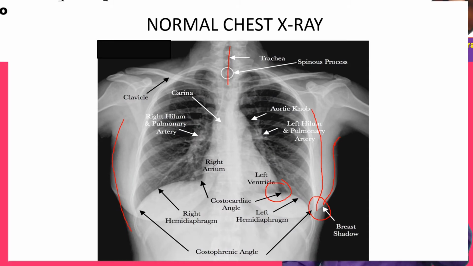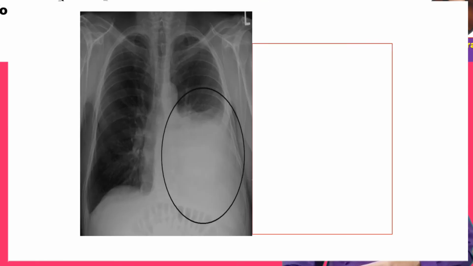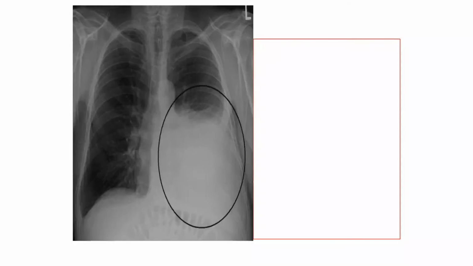So guys, we should read the X-ray like this, and if there is any pathology we should present it after all. So guys, we will discuss here some pathological X-rays one by one.